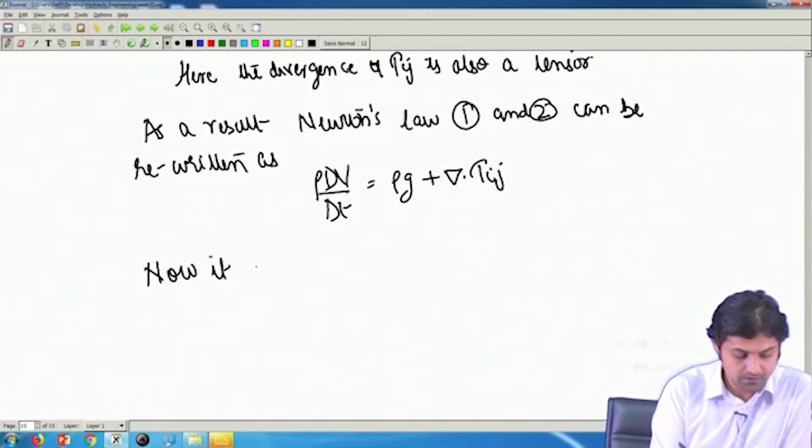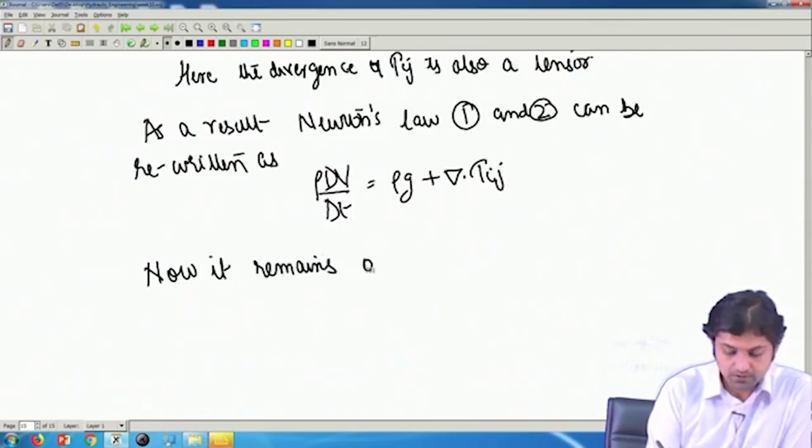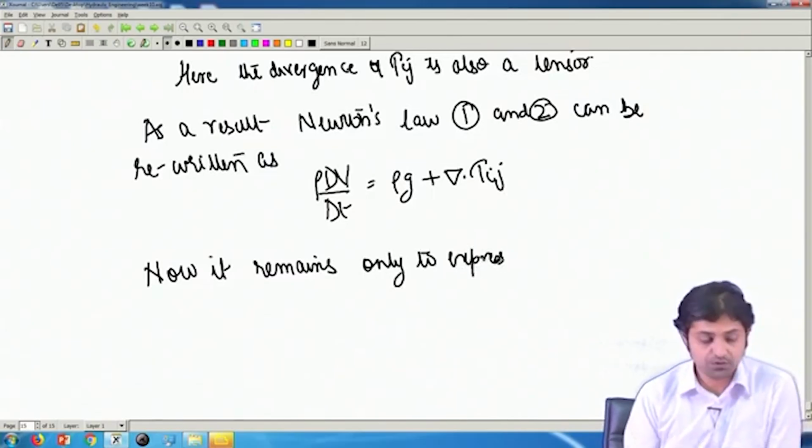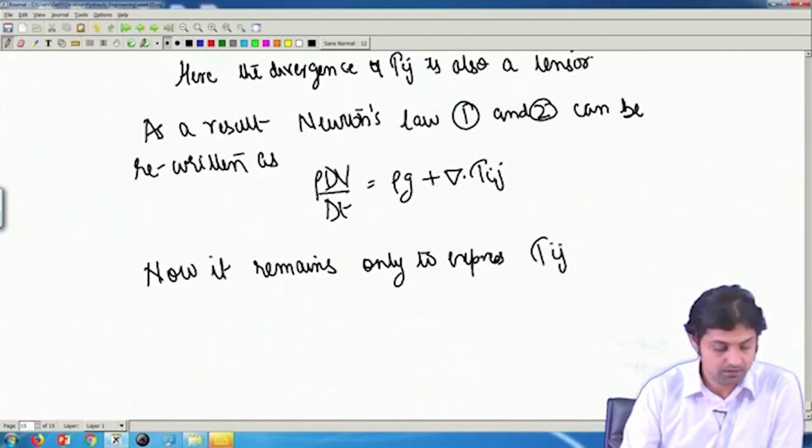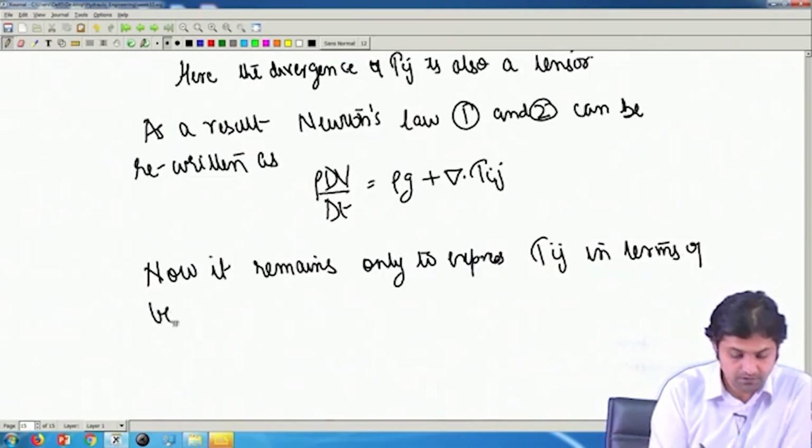Now, there is another unknown term called tau ij, right. So, now it remains only to express this tau ij in terms of velocity v.